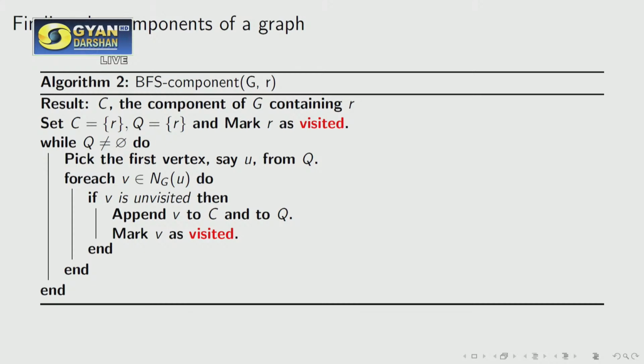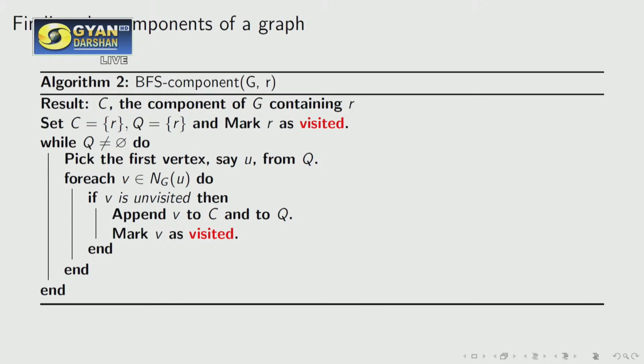So this way the component C keeps on growing, right? The algorithm stops when Q becomes empty, which means there are no longer vertices that need to be visited in the current component. That means all the vertices which are reachable from R have been visited.